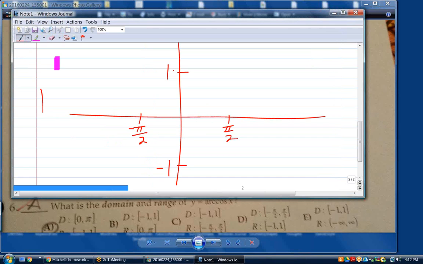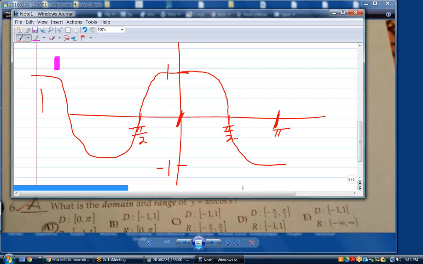Okay. If we look at cosine, cosine goes like this. Notice that in order to do the inverse cosine, we have to restrict the domain from 0 to pi.